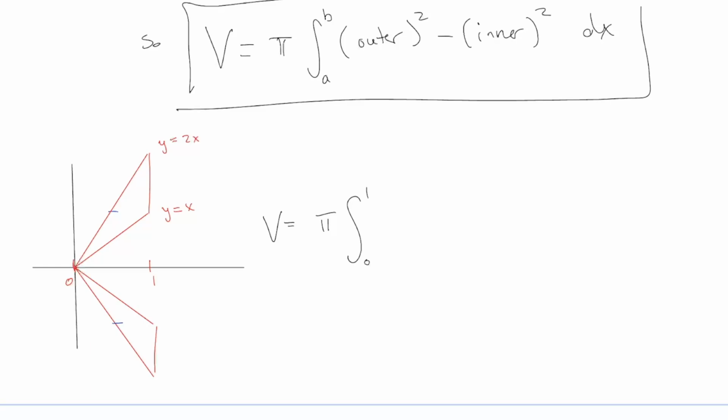The way that I would think of this is look at sort of here, that's the outer, and something like here, that's the inner, right? The outer radius is the one all the way up to the outer edge of this shape, and then the inner radius is the one that determines the hole in the middle. And each of those should be a formula, and in this example, it's fairly easy to say. The outer is 2x, so I go 2x squared, and then minus just plain x squared. Remember, you always have to square these things. That's part of how the formula works.